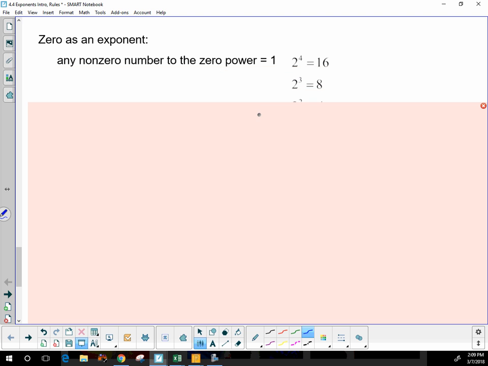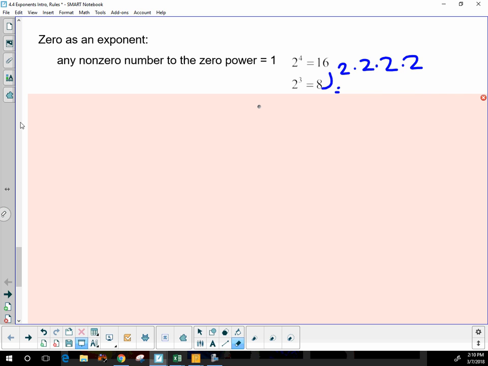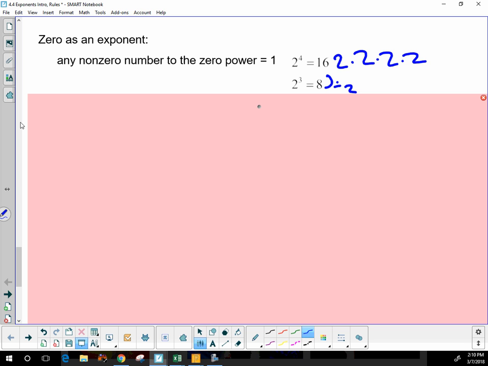Here I have a list of multipliers. So this is 2 times 2 times 2 times 2. That's 4 of them. So when I drop down to 2 to the 3rd, how do I go from 16 to 8? I divide by 2. 16 divided by 2 is what's going to give me 8.